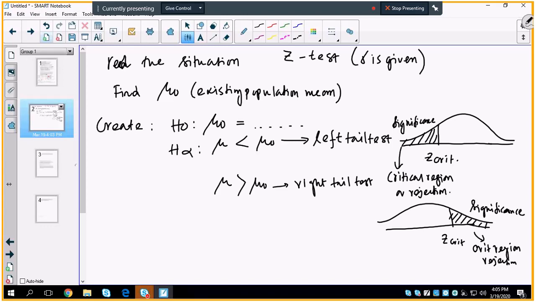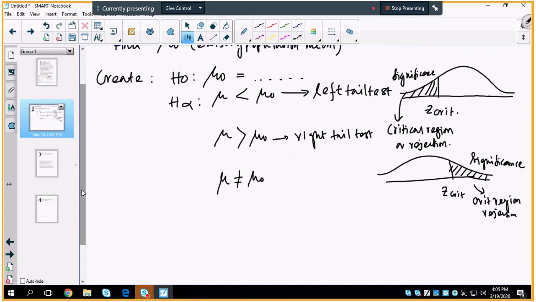And the final one is, if I do not specify whether mu is less than mu naught or mu is greater than mu naught, I just say mu is not equal to mu naught. In that situation, I do both tail test. What does this mean? It means you will get 2 critical points. You will get one on the right, Z critical, and one on the left, Z critical, but these are symmetric, so one is negative, the other is positive.